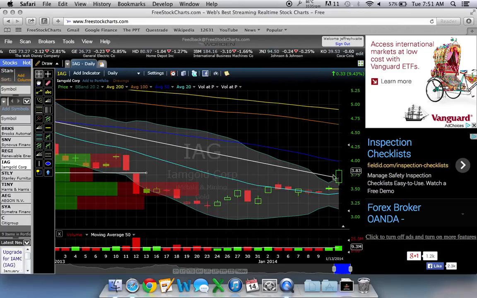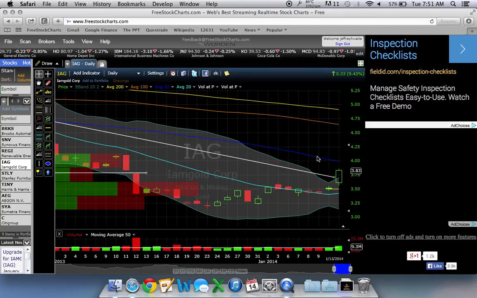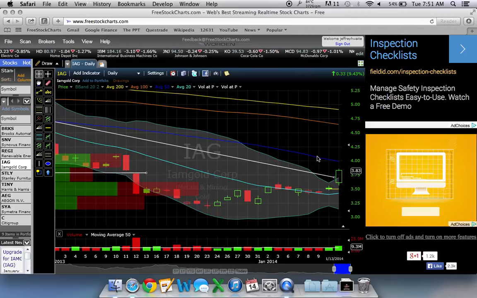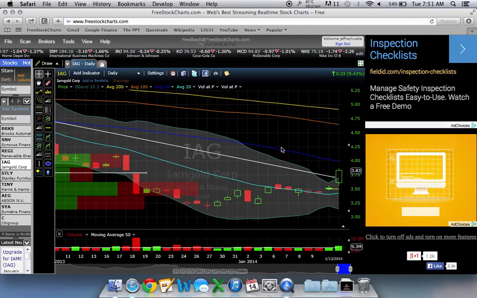This might be another example where the Bollinger Bands are so pinched that the stock may continue to move to $4 or $4.25 or $4.15, but it may ride the upper Bollinger Band here as it's coming out of a period of extreme contraction.